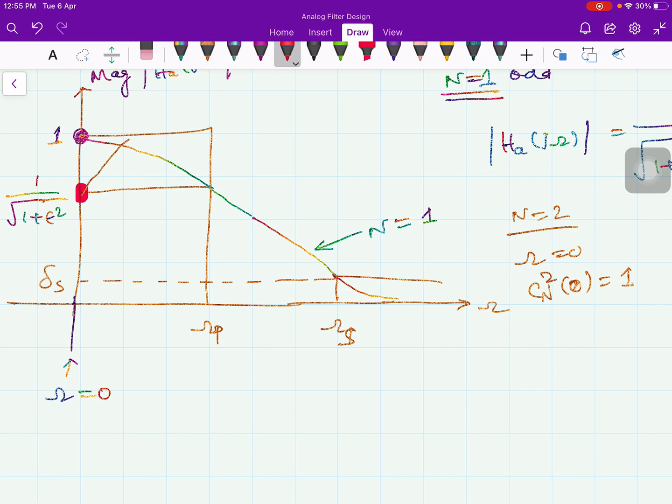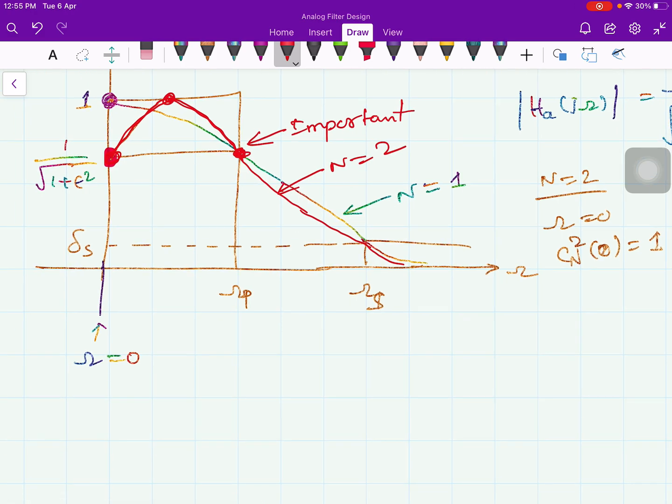Let me use some other color. It goes like this and comes like this, goes like this. So this is n equal to 2, okay. It starts from this point, goes and reaches this point, and then again comes, and all curves pass through this point. This point is an important point, the 3 dB point.